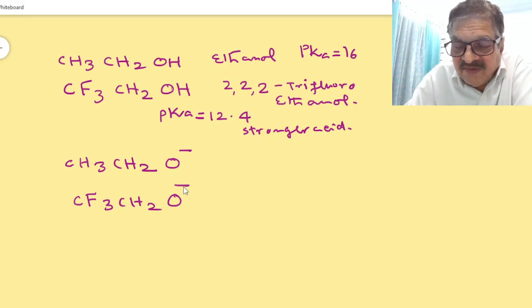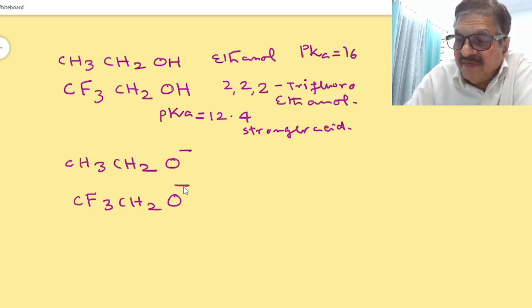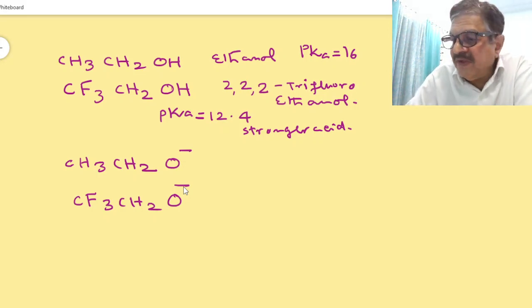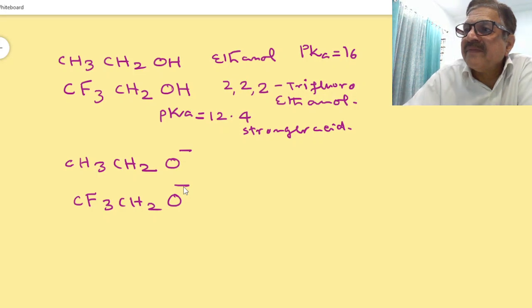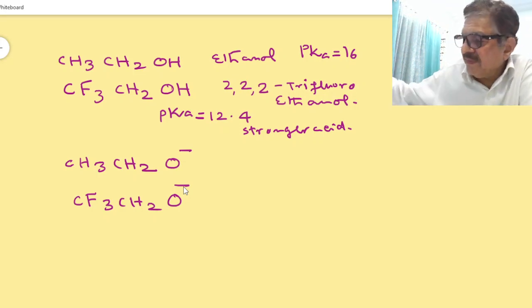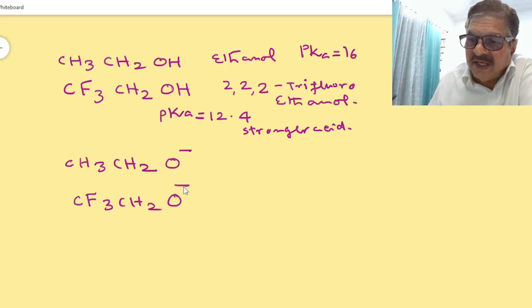But in the second one, the anion has 3 additional electronegative fluorine atoms. The fluorine atoms withdraw electron density from the carbon to which they are bonded, making it electron deficient.